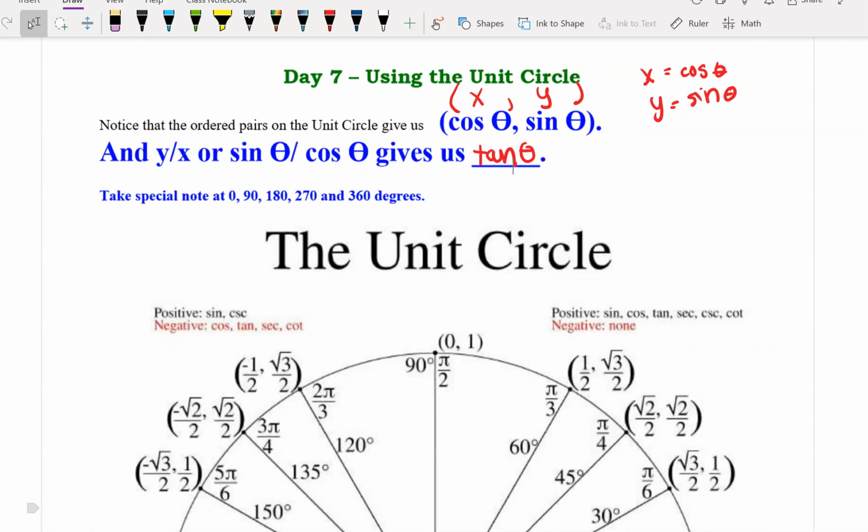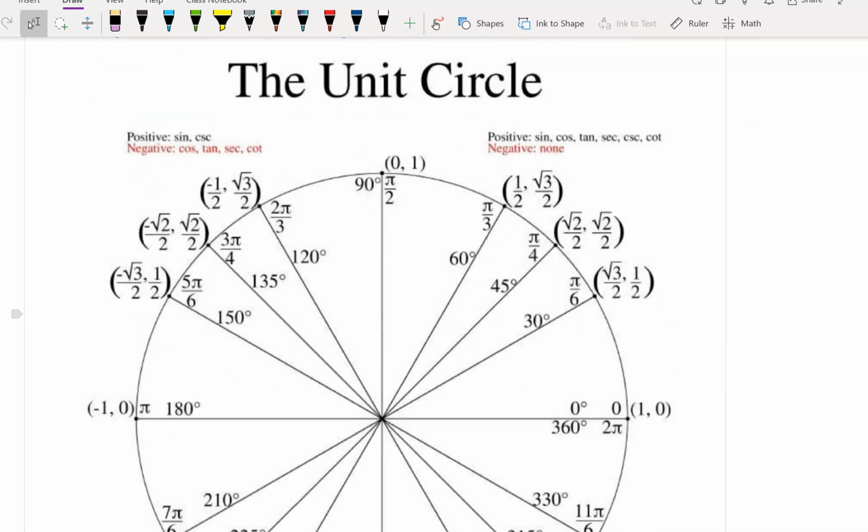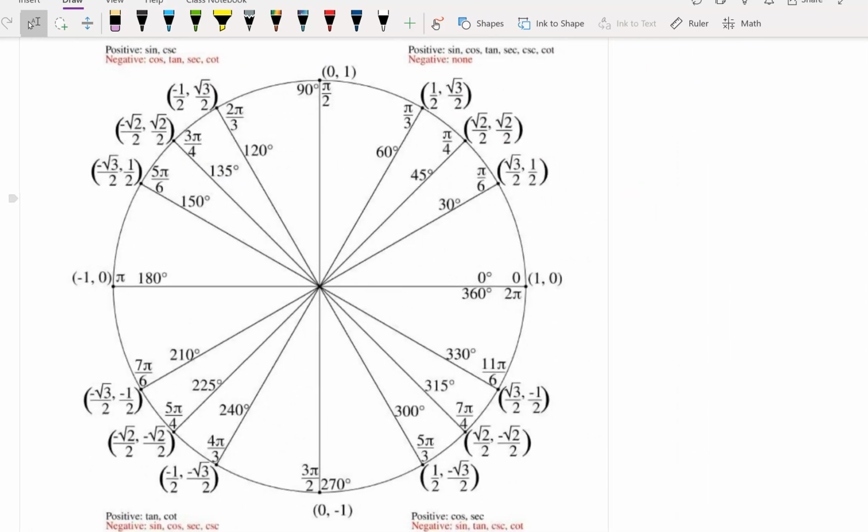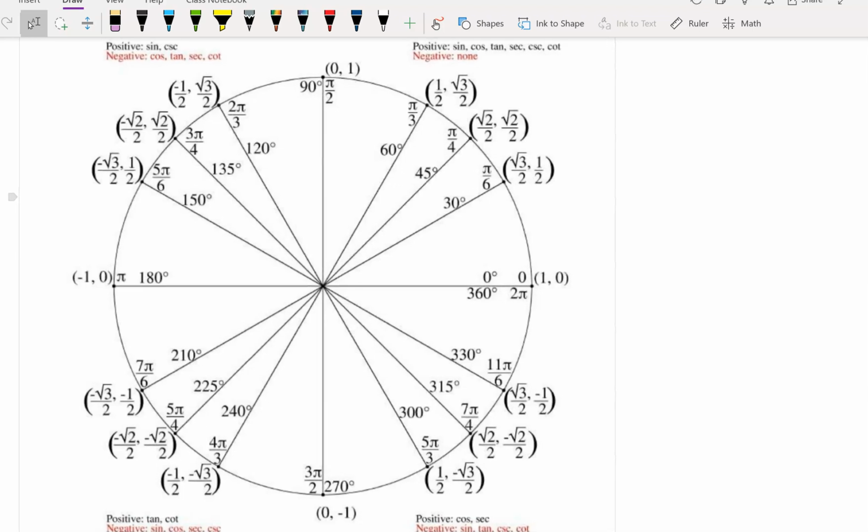All right, so we have a completely filled out unit circle. I kind of talked about this in the last video, but you will have to, at some point, fill out your own unit circle, and so it's good to know the patterns for how to fill it out. Again, the reason we call this the unit circle is because the radius is 1.